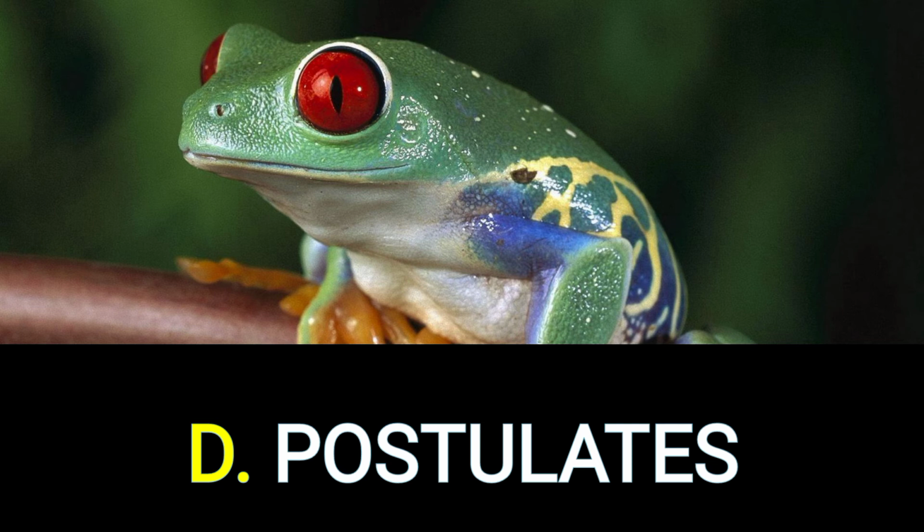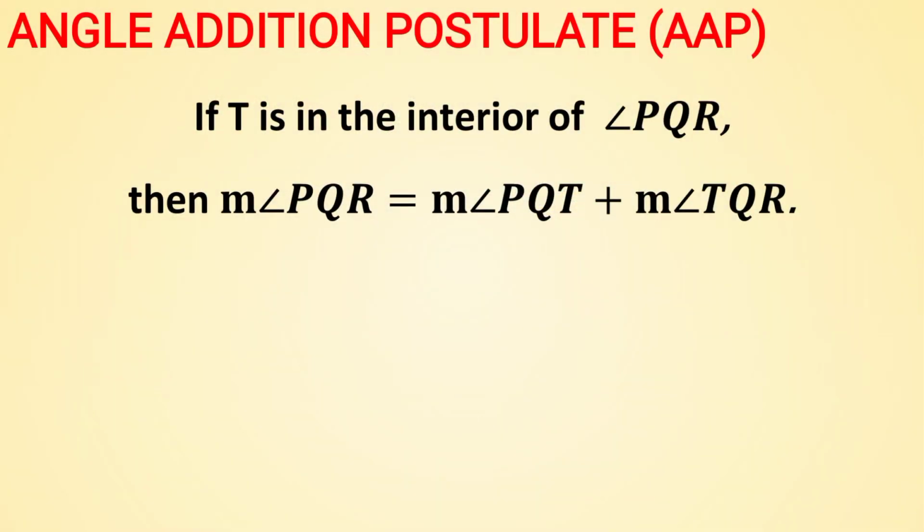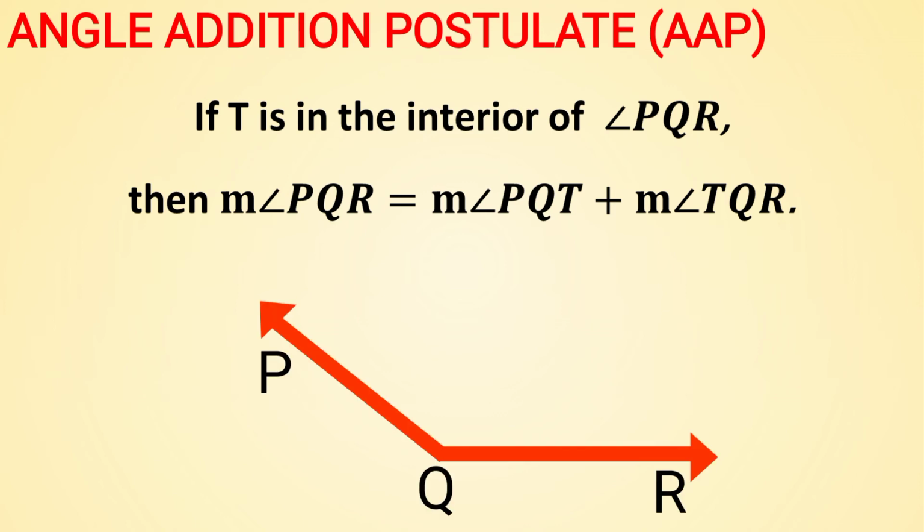We also have postulates. Let's have the angle addition postulate, or AAP. If T is in the interior of angle PQR, then the measure of angle PQR is equal to the measure of angle PQT plus the measure of angle TQR.